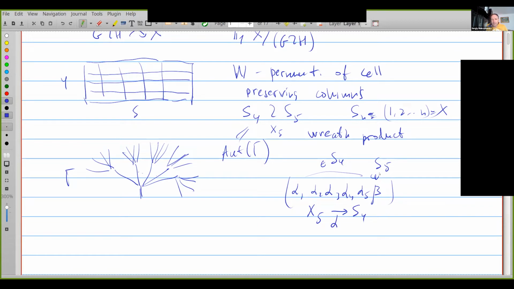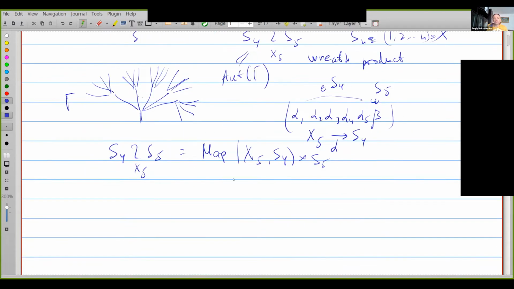And also I need some element from here. So in general, this group, S4 wreath S5 over X5, is by definition the set of maps from the set X5 into the group S4, which is a group with respect to the pointwise multiplication, and it is a semi-direct product with the group S5. So this is the formal definition of what a wreath product is.